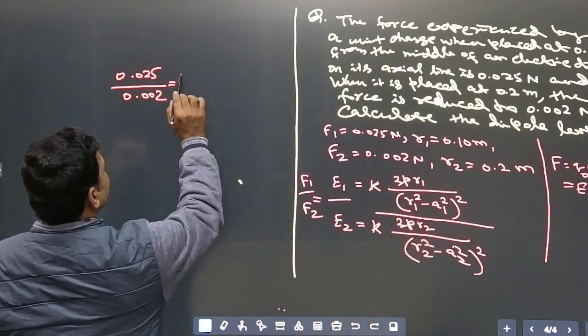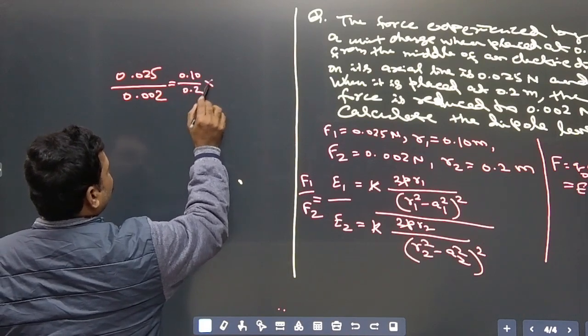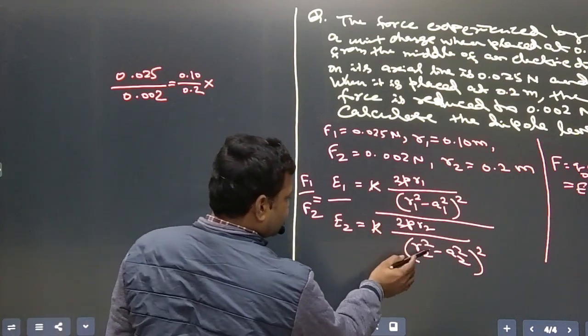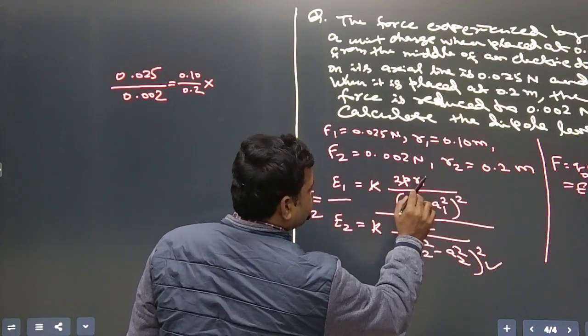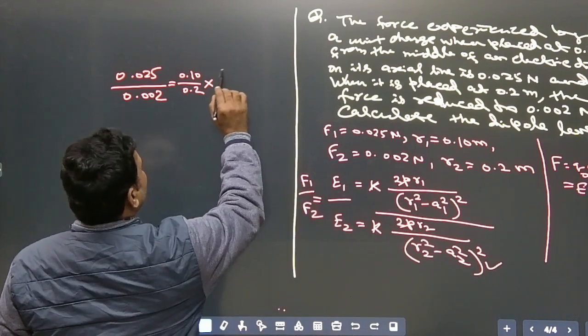So R1 is here 0.10 divided by 0.2, into the reciprocal, so this will be the numerator and this will be in the downward. So this will be R2 square minus A2 square.